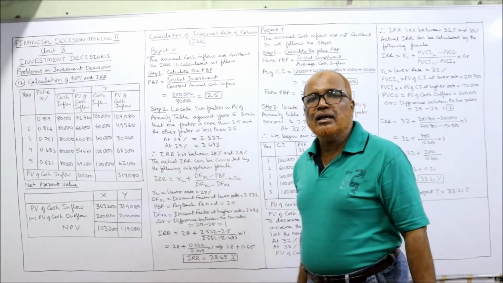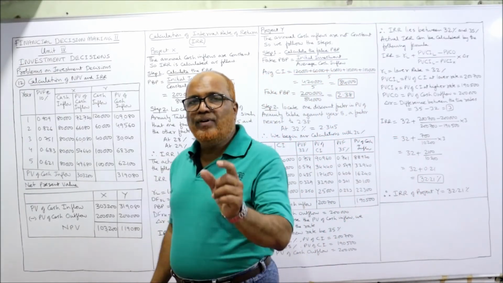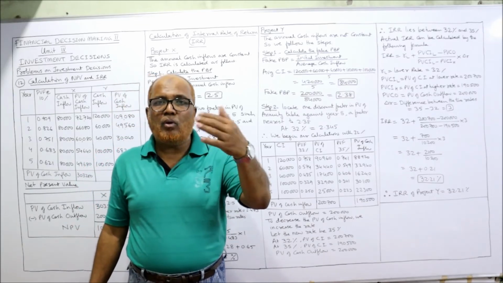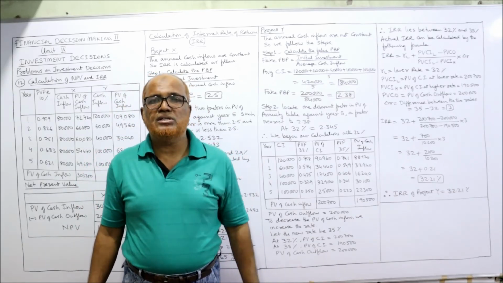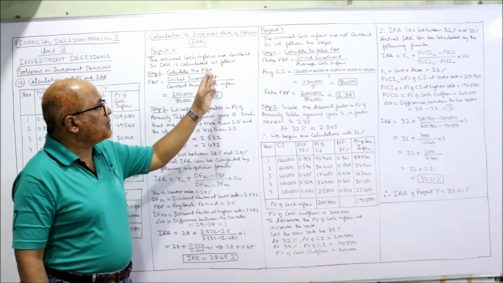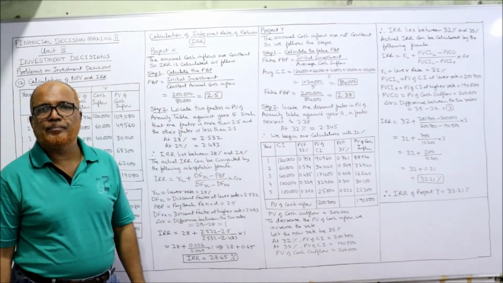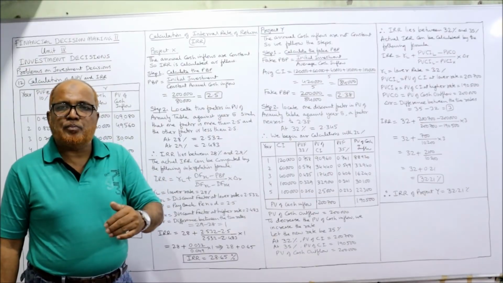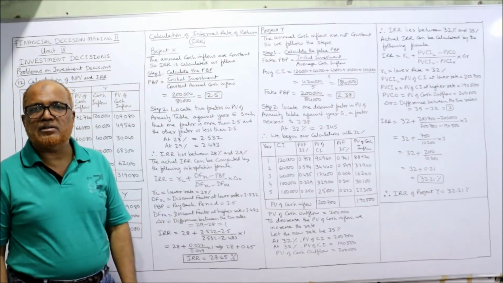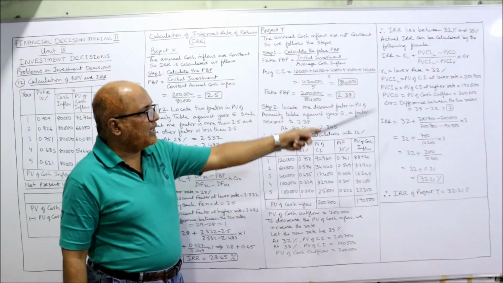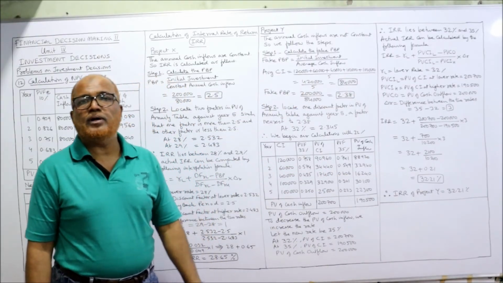Now, according to IRR criteria, whichever project has the higher IRR is better. The first project, X, has an IRR of 28.65%. That means the return from this project is 28.65%. Whereas for project Y, the return is 32.21.